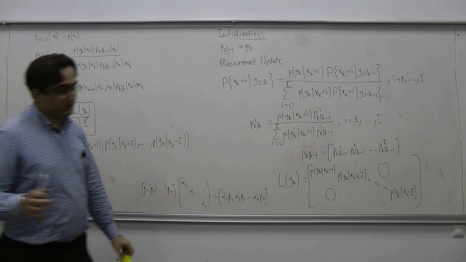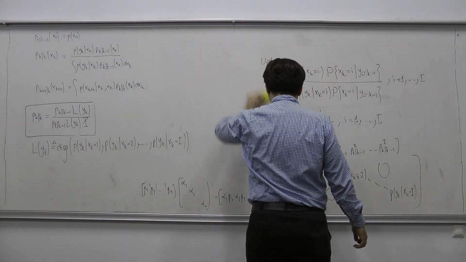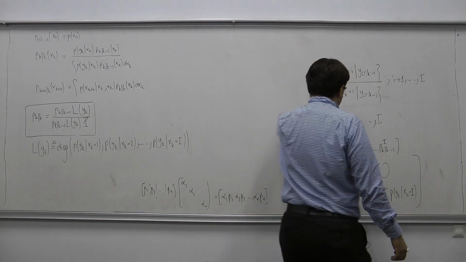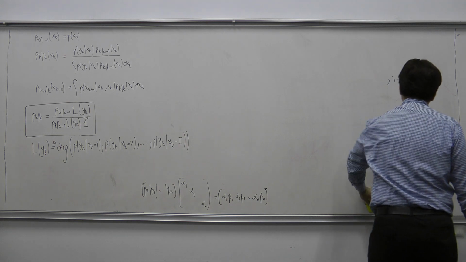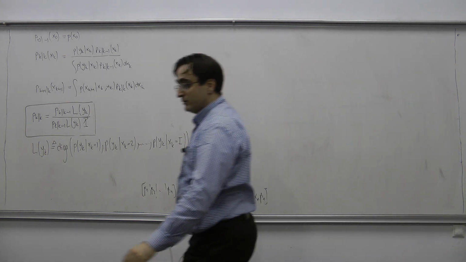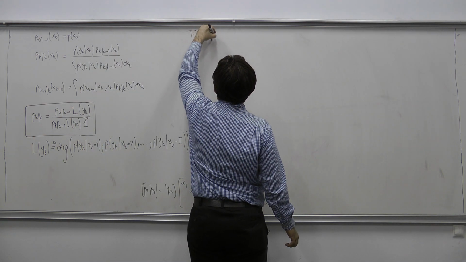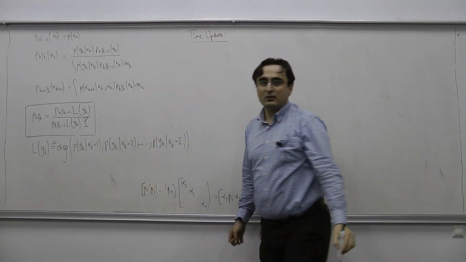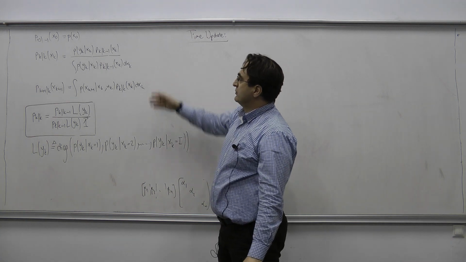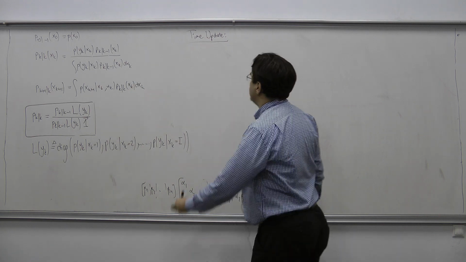So now let us go into time update. We initialized, and then we learned how to apply measurement update by using the Bayesian recursion. And now we are ready for time update. In this case, I will of course use the prediction formula for the densities. So let me first write what those densities are.